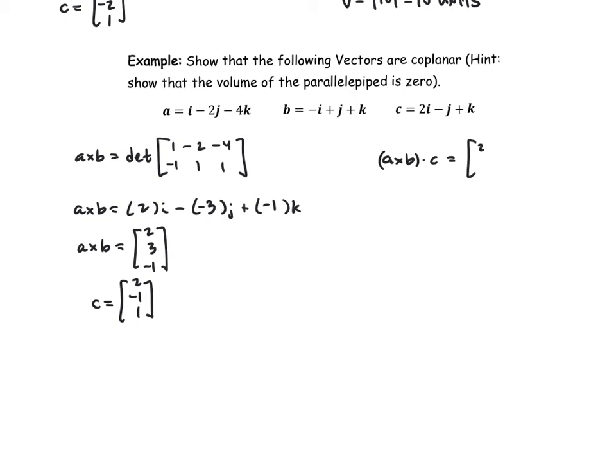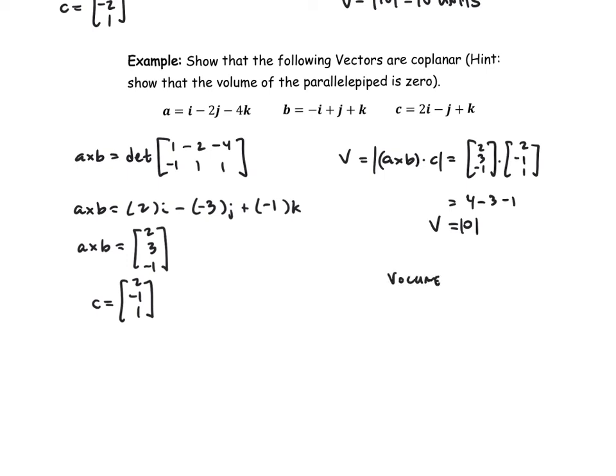All right, so I'm going to dot these, 2, 3, negative 1, dotting it with 2, negative 1, 1. So I get 4 minus 3 minus 1. And look at that. Therefore, of course, if I took the absolute value of this, which would be the volume, we would get the absolute value of 0, which of course shows us that the volume is 0.